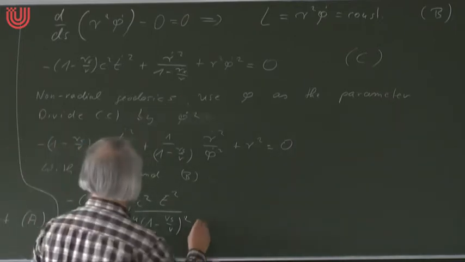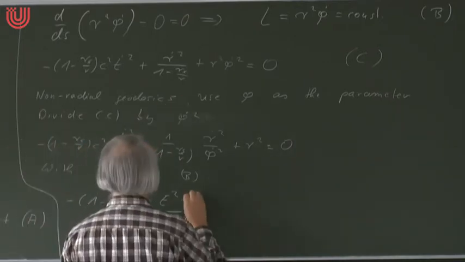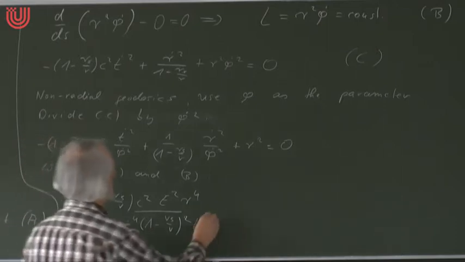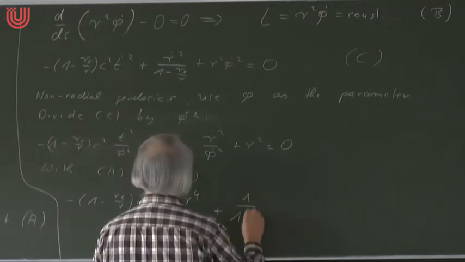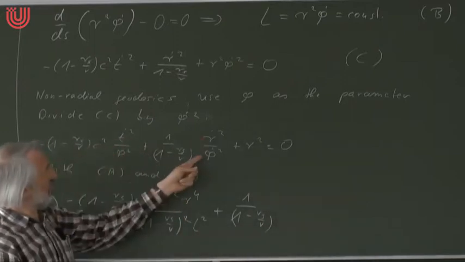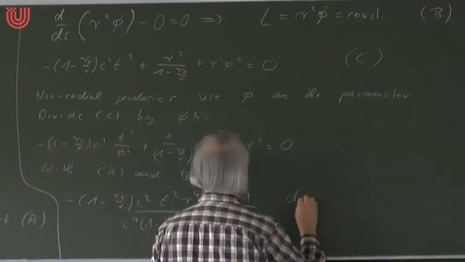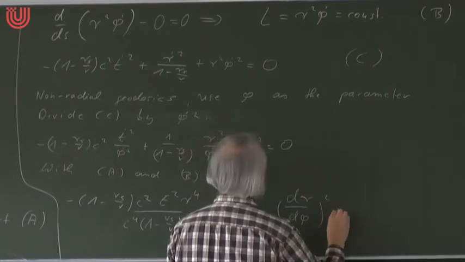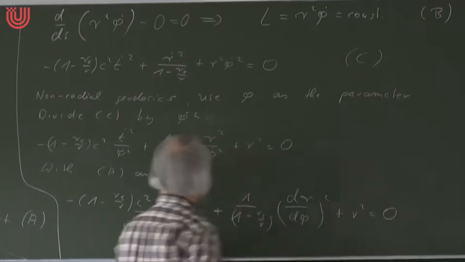Phi dot squared is L squared divided by r to the 4. Okay, that's the first term. And for the second term, r dot divided by phi dot is, by the chain rule, dr by d phi. So plus r squared is 0.